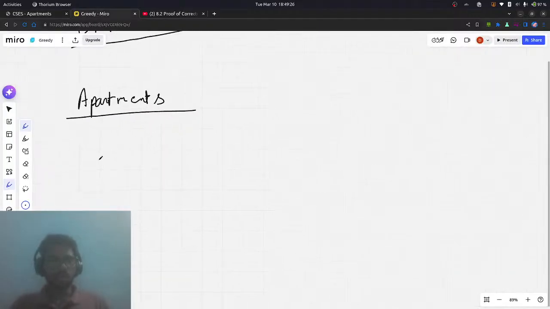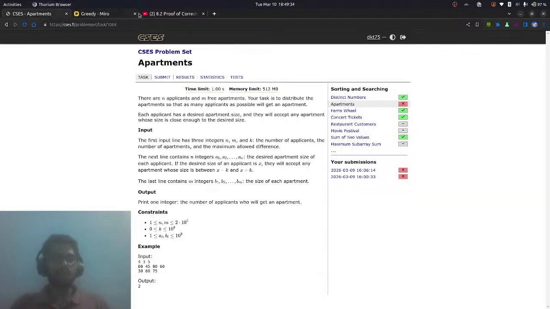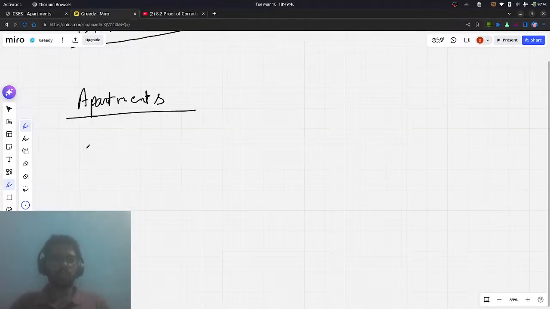We are given an array of what apartment size the customer wants, the desired apartment size. So let's call it A.